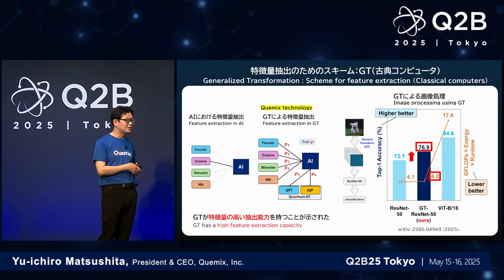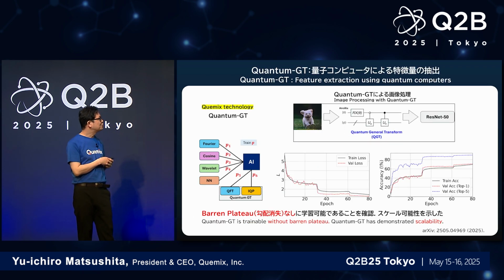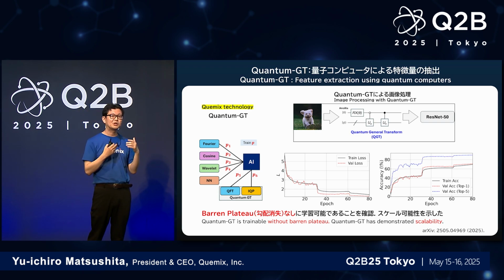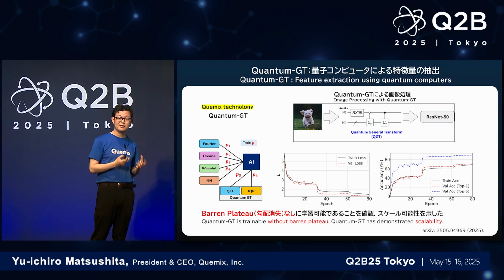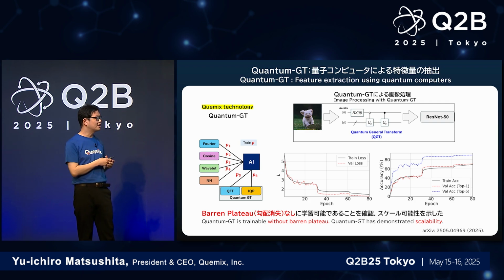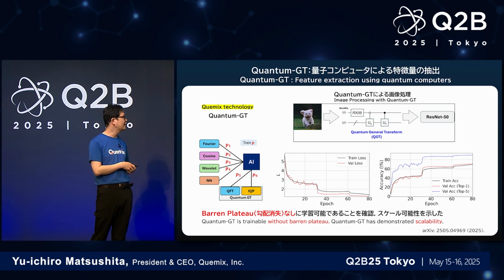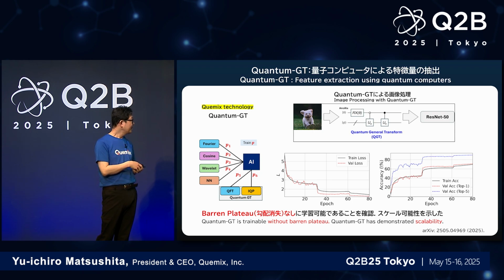So GT is extremely capable in terms of feature extraction at a higher speed. So this is a quantum GT. It has a great affinity with quantum features, because if you convert with quantum Fourier, you can realize higher-speed conversion. And by using a quantum computer, you will be able to accelerate the conversion.